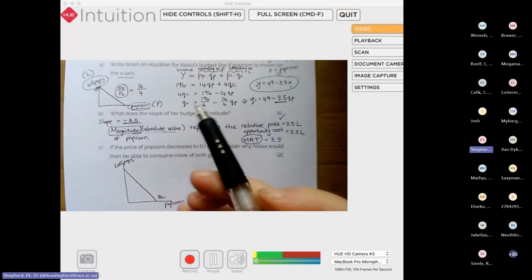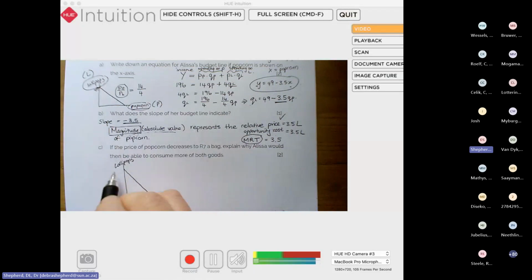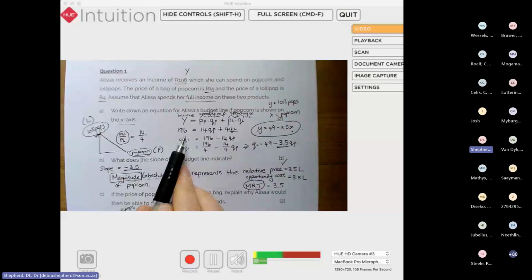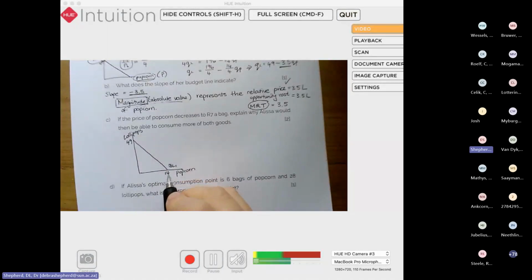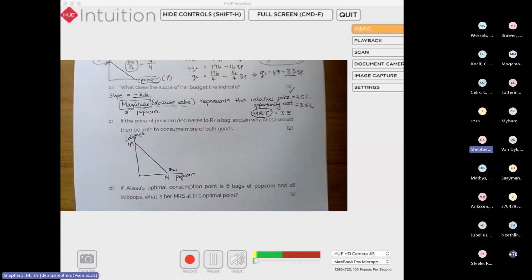If we spent all the income on lollipops, we could buy 49. So that is the 196 divided by 4 gives 49. If we spent all 196 Rand on popcorn, then we could get 196 divided by 14, which is 14. So that intercept would have been 14.